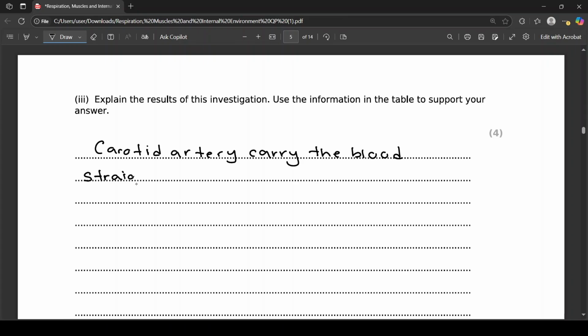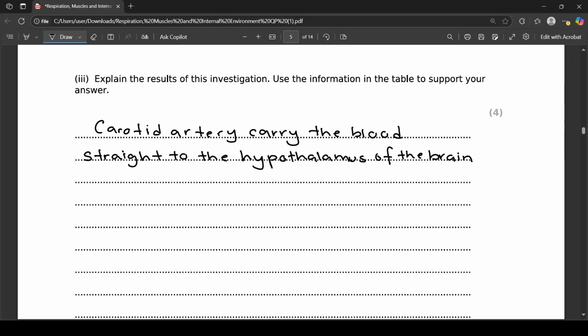But we have to be specific here, which part of the brain. So we have to write where it takes the blood: straight to the hypothalamus of the brain. Hypothalamus of the brain.